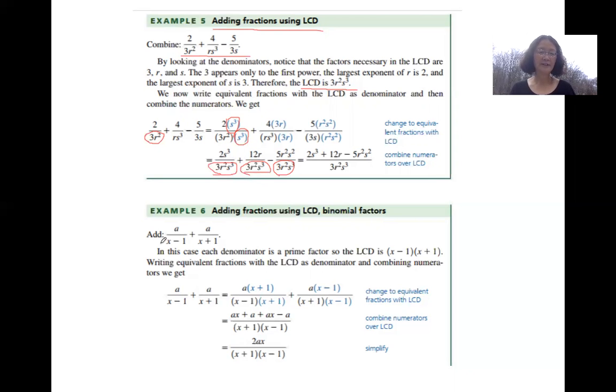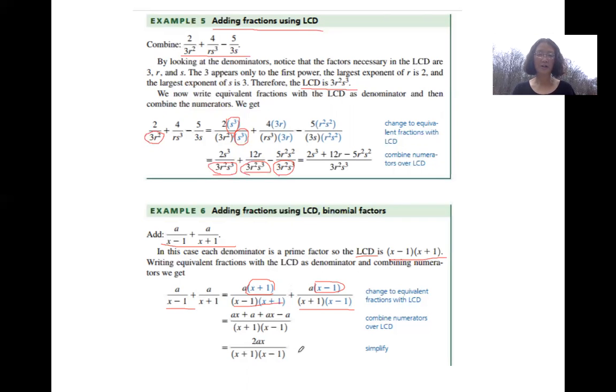So this is another example, rational expressions, where the denominators are different. Our first step is to find the LCD, and the LCD is (x minus 1)(x plus 1). Then you follow the rules to change each original fraction's denominator to the LCD, figure out what you need to do for the numerator, and work through a little algebra.